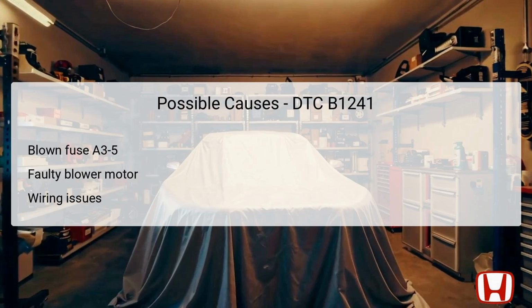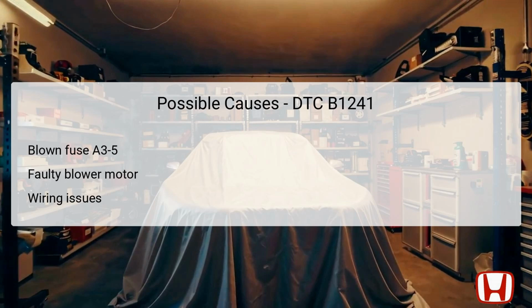Several possible causes can lead to the emergence of DTC B1241. A common culprit is a blown fuse, specifically fuse A35, which protects the blower motor circuit from electrical overloads. If this fuse is faulty, the circuit cannot supply the necessary power, leading to the motor's failure. Another possible cause is a faulty blower motor itself, which may have internal problems preventing it from operating correctly.